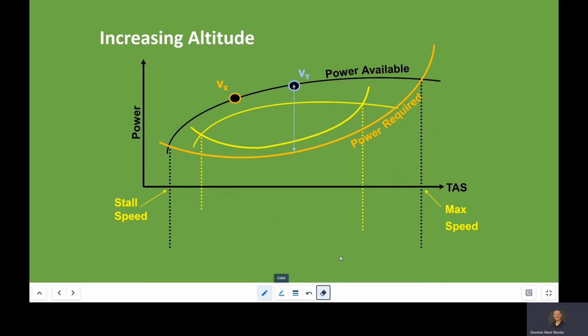It also means that the distance between the curves has changed as well, so that the maximum excess power is now reduced. Your ability to climb at certain rates is now reduced.